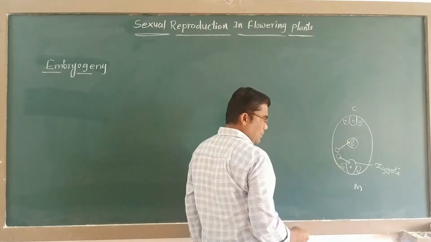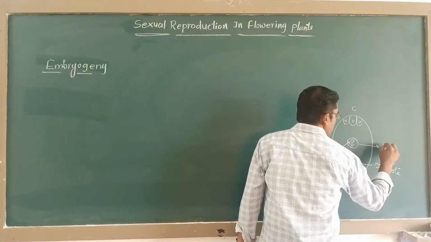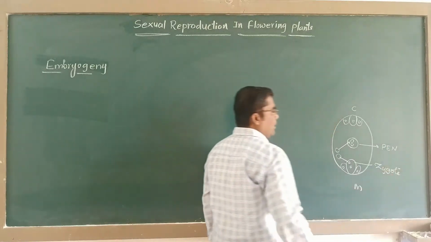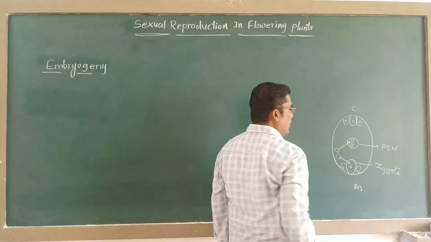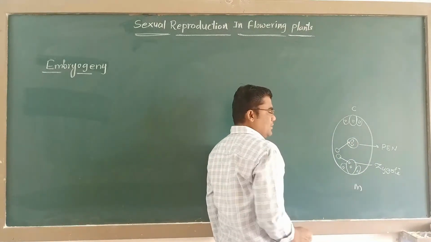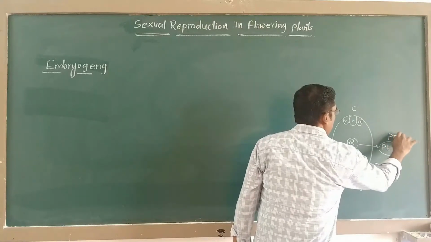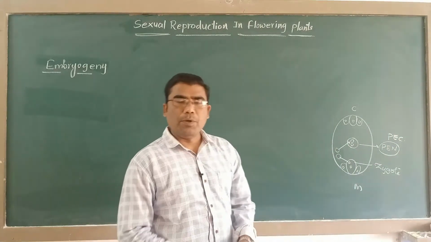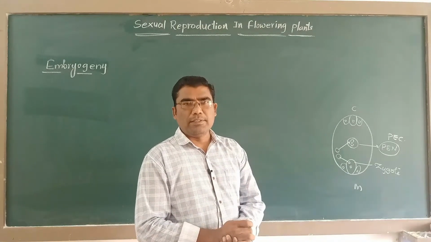This fusion is a triple fusion, and it produces the PEN. This is said to be the primary endosperm nucleus, and this big cell is said to be the primary endosperm cell. This we know. Here PEN and primary endosperm cell produce the endosperm. This we have discussed in the previous session.